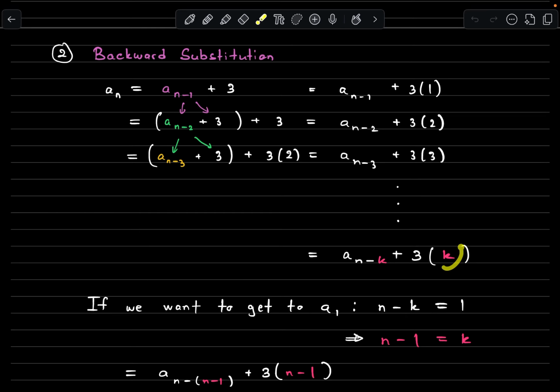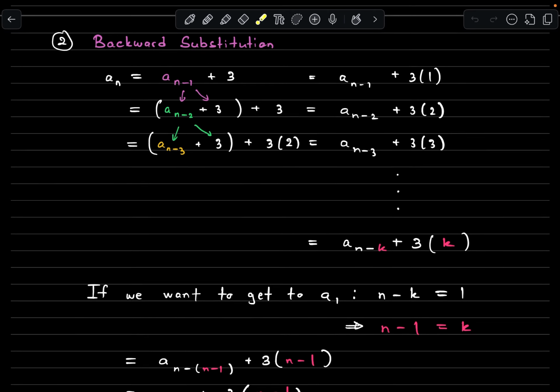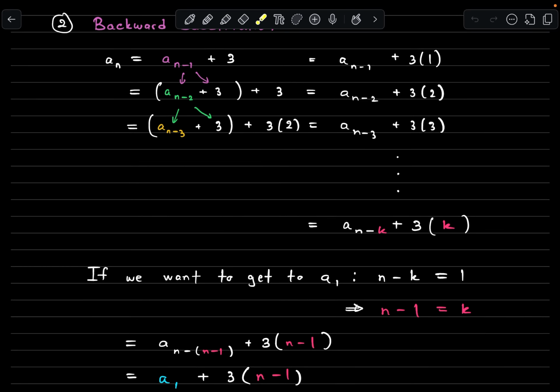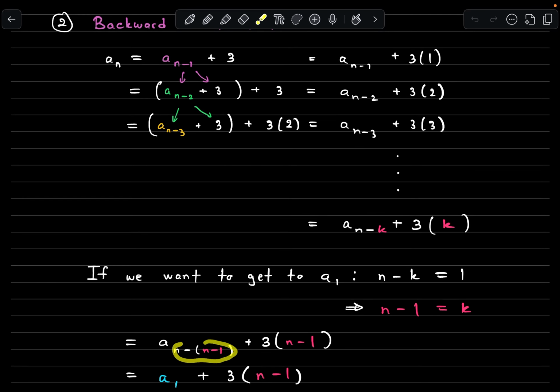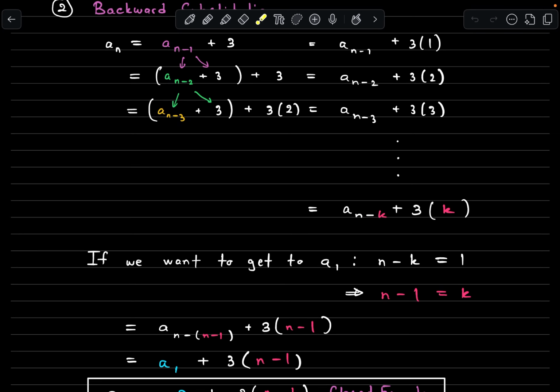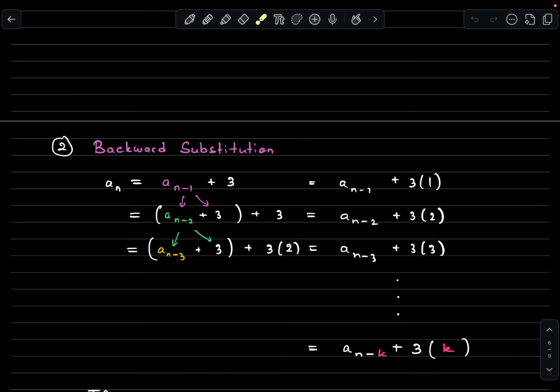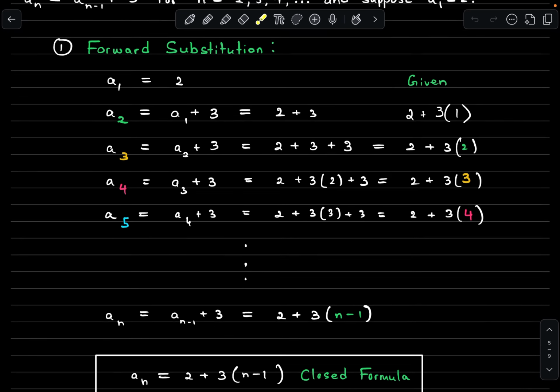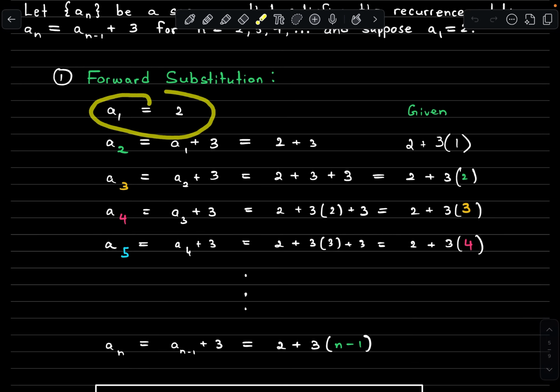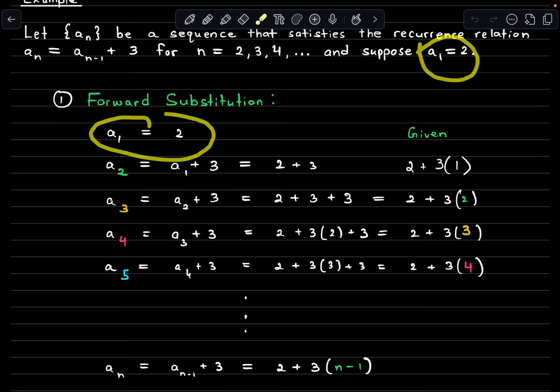Well, if that's true, then instead of k here, I can write n minus 1 and n minus 1, and that will show me this closed formula. As predicted, this simplifies to just a sub 1 plus 3 times n minus 1. And a sub 1, if we remember, was given as 2. That was our given initial condition.